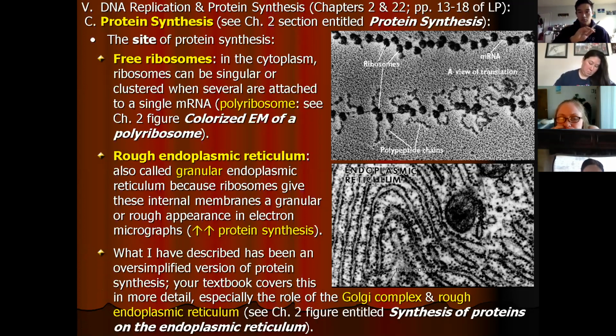Very few proteins actually have methionine as the first amino acid in the final product because it's going to go through the Golgi complex and it's going to be refined to the functional protein. And oftentimes when you finally get to that functional protein, methionine is gone. Does this make sense?